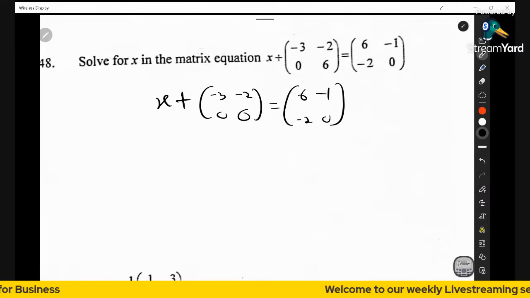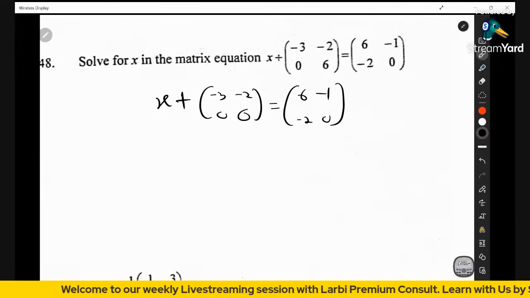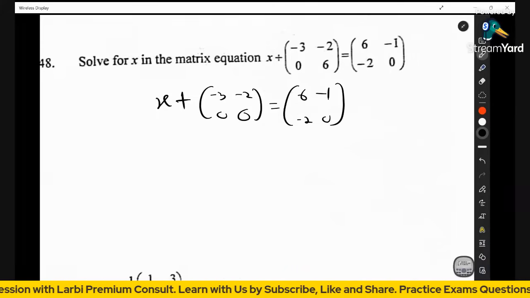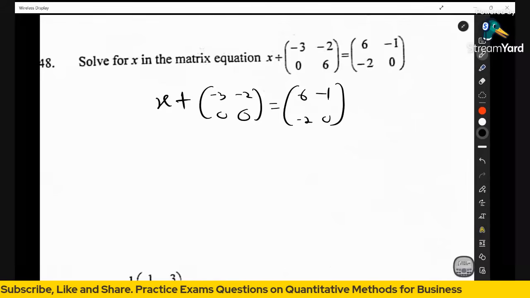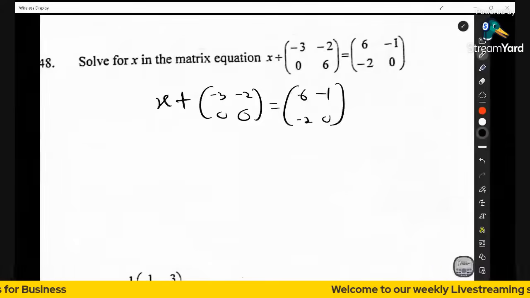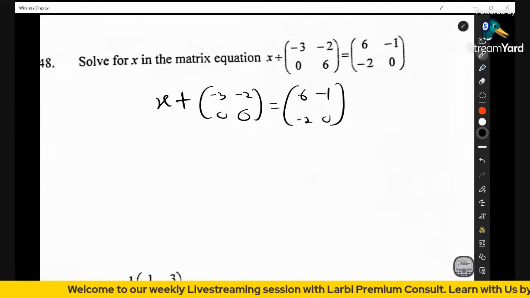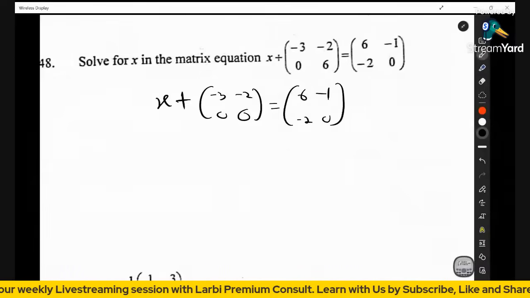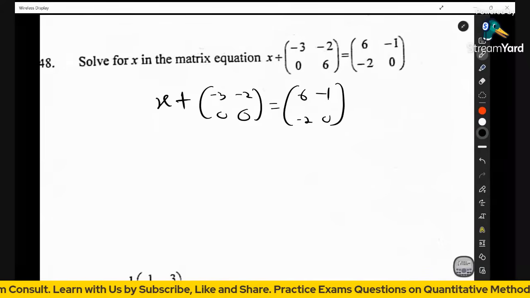Okay, so here we have x plus this matrix.